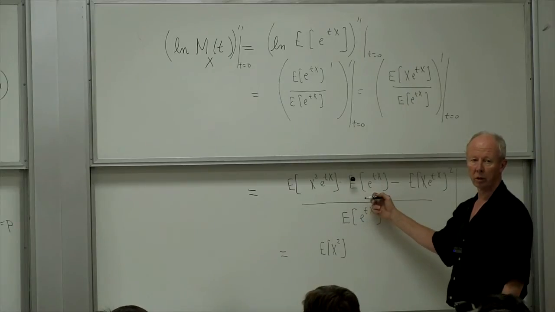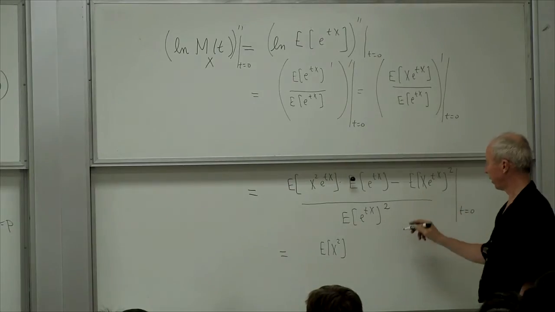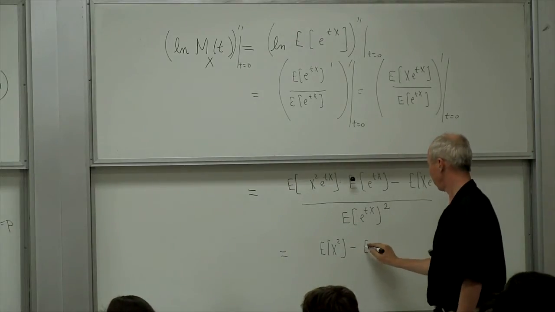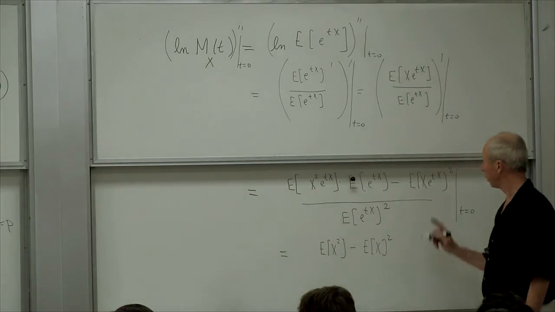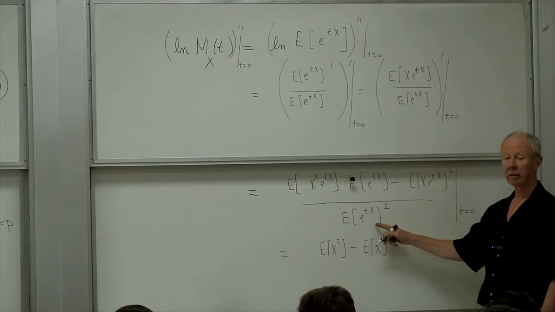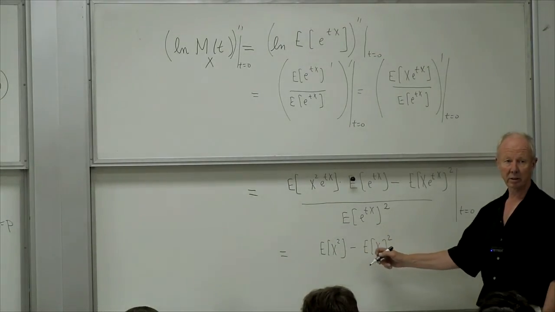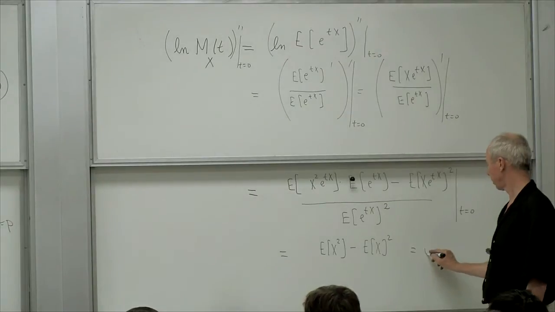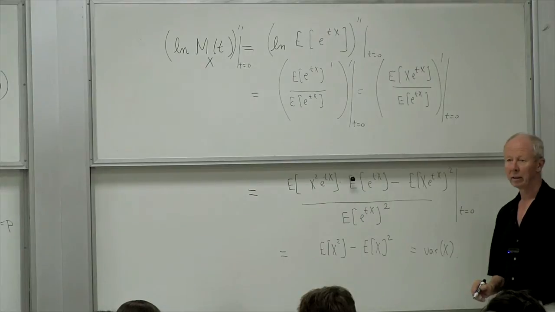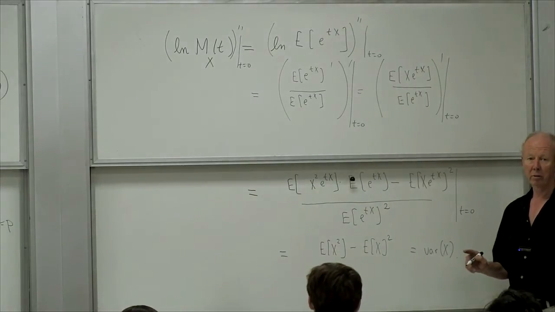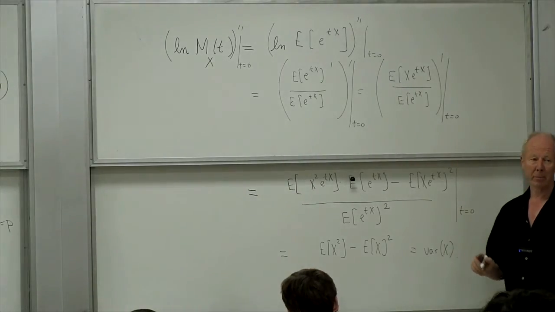Expected value of 1 is 1. What do we get here? This becomes 1 times X. We get expected value of X, quantity squared, from here. And what do we get in the denominator? 1. So we get this. And what is this? That's the variance of X. So if you want to compute the variance of a random variable, compute its moment generating function, take its log, differentiate twice, evaluate at 0.